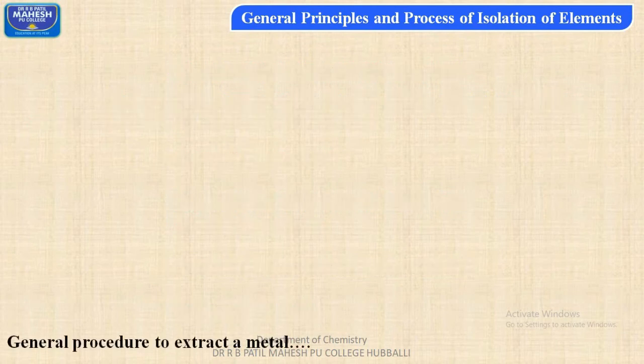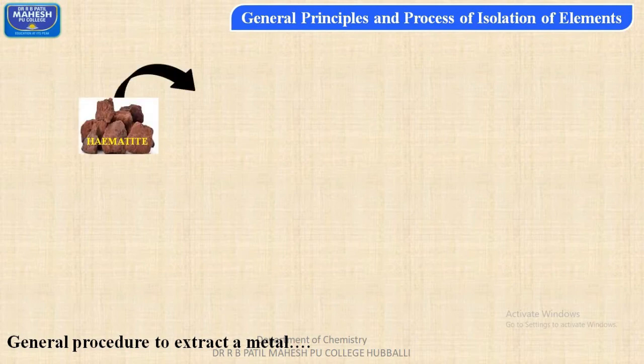Let us consider one example for understanding of procedures involved in the extraction of a metal. So we are considering here hematite ore, which is of iron.